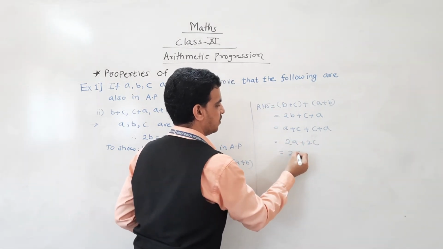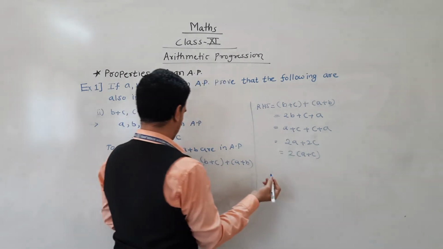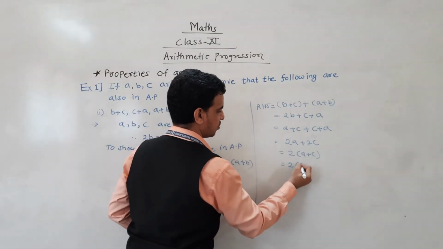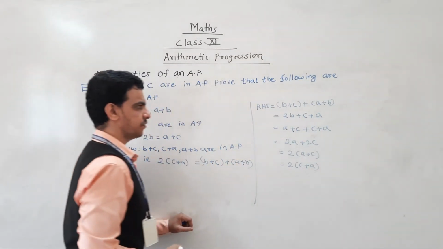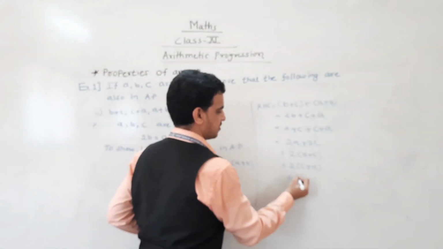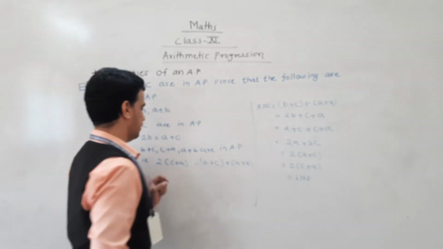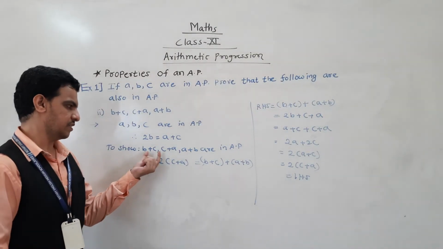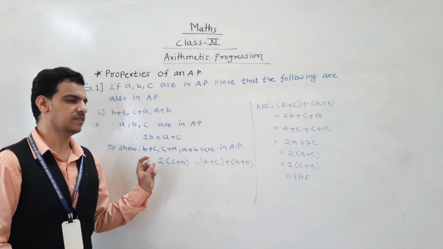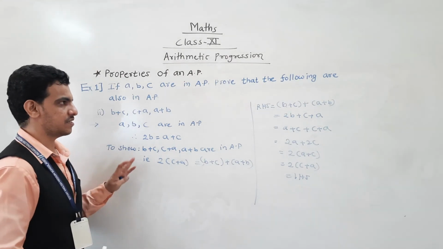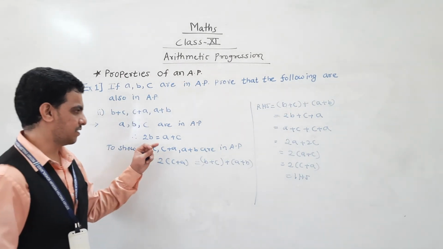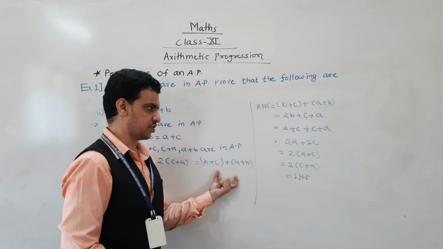We can take 2 common, 2 into (a plus c), or we can write it like this, 2 into (c plus a), that is equal to the LHS. Okay, and the meaning of this is that these three terms b plus c, c plus a and a plus b are in AP. Okay, understand this. For more practice, solve examples from the worksheet.